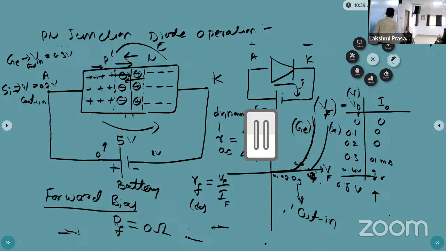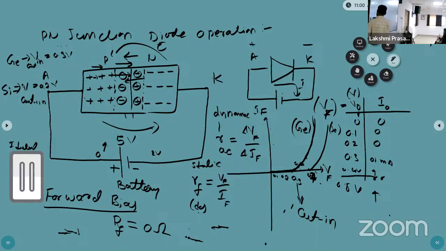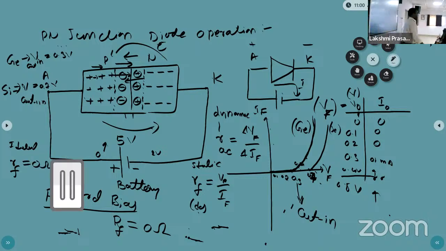This other resistance is called the DC resistance or the static resistance, meaning fixed. Practically, we consider RAC resistance for practical purposes. For the ideal cases, DC resistance. And in the ideal case, the diode forward resistance is 0 ohms.